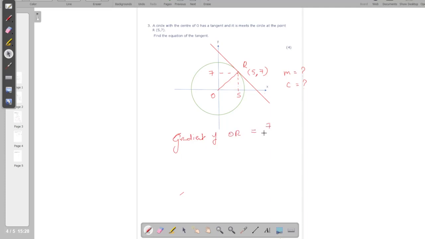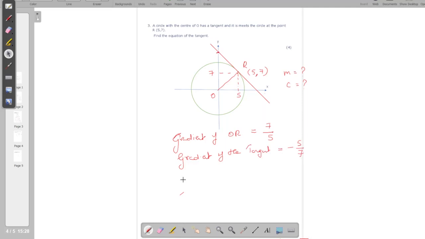Change in y over change in x, 7 over 5. Therefore, the gradient of the tangent would be minus 5 over 7.